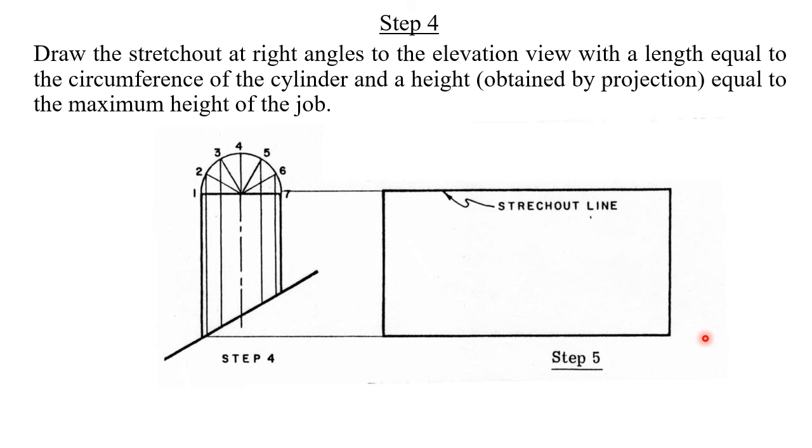After putting this sketch out, you need to make sure that the height of the sketch out is equal to the height of the object. And then the length of this sketch out needs to be equal to the circumference of our cylinder.